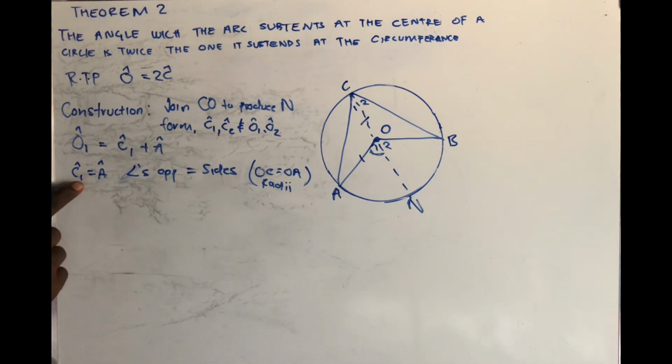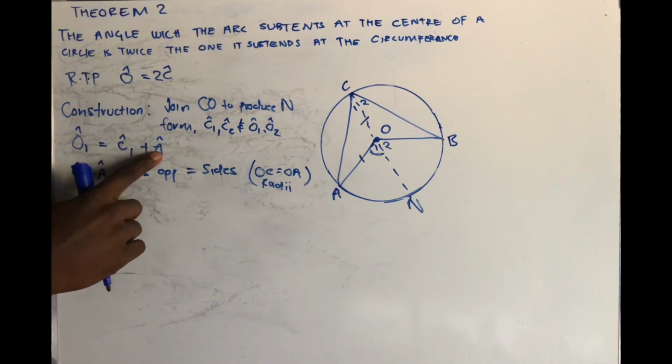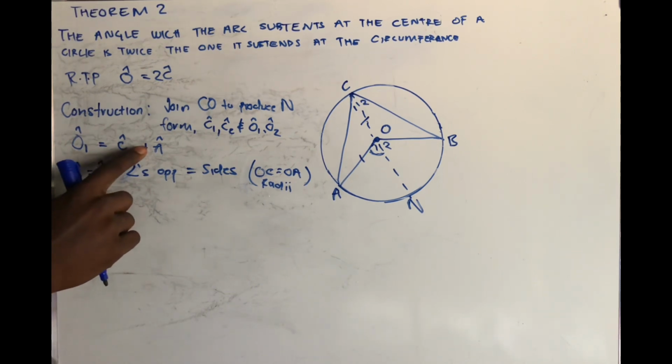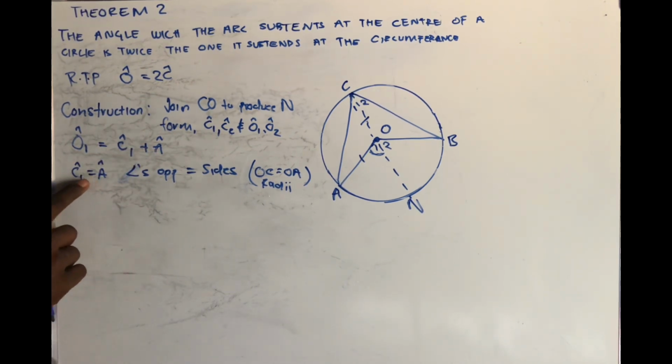Now we know that angle C1 is equal to angle A. So where there's A, we put C1, since A is equal to C1.